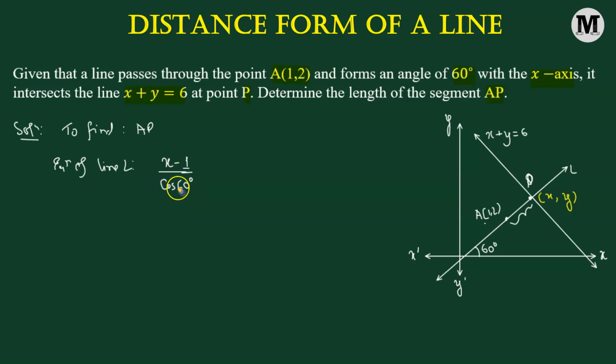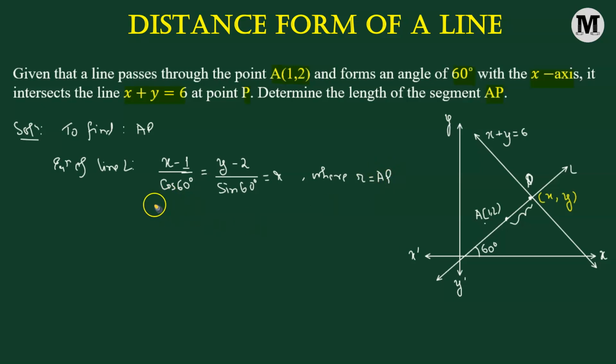So we get (x - 1) over cosine 60 degrees, equals, next we take the difference of the y coordinates, (y - 2) divided by sine of 60 degrees. And this is equal to r, where r is nothing but the distance between the points A and P, so r is simply equal to AP.